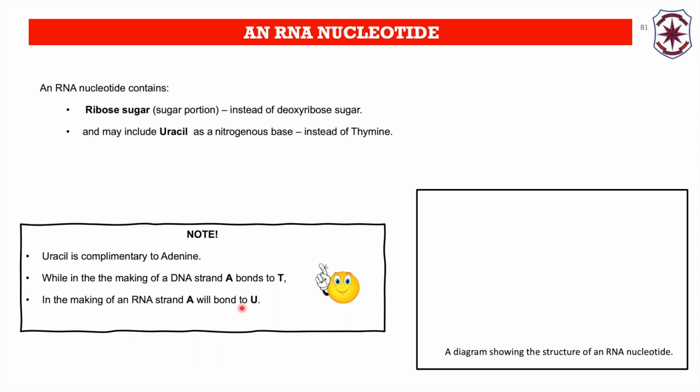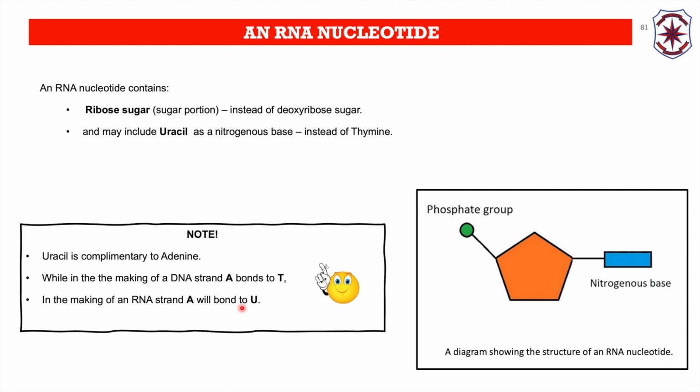So there we have a diagram showing the structure of an RNA nucleotide. We would have a phosphate group. We would also have a sugar portion, but remember, because this is specifically an RNA nucleotide, we need to specify that in the sugar portion, the type of sugar is ribose sugar.